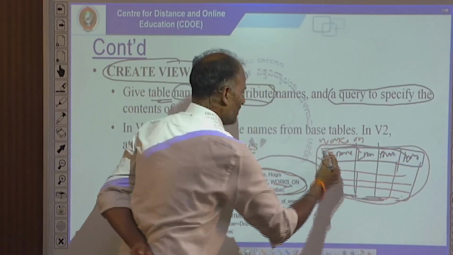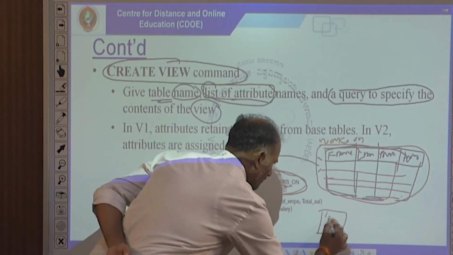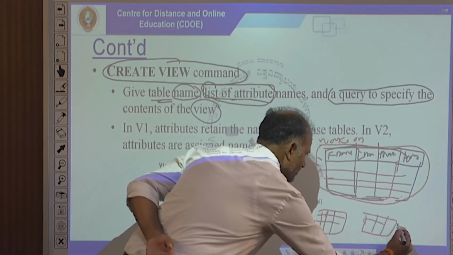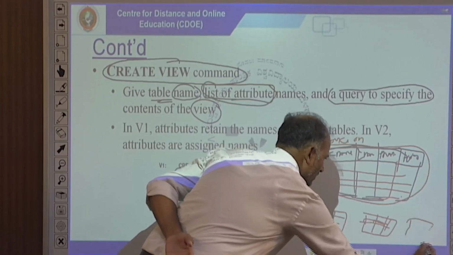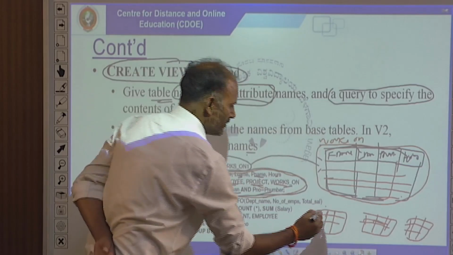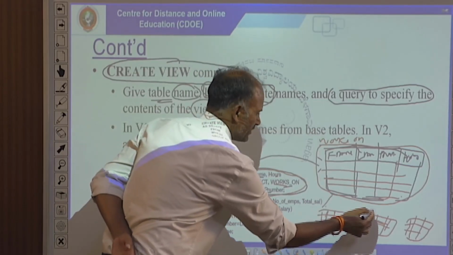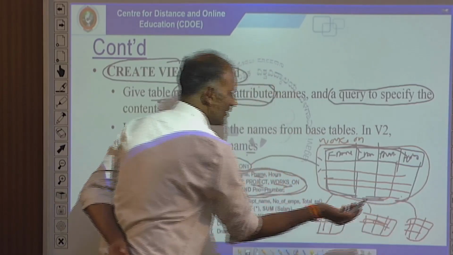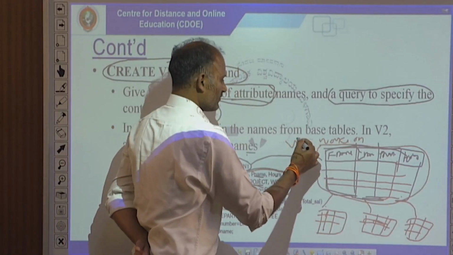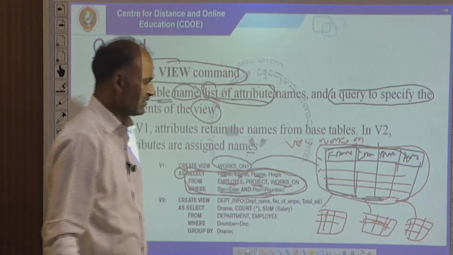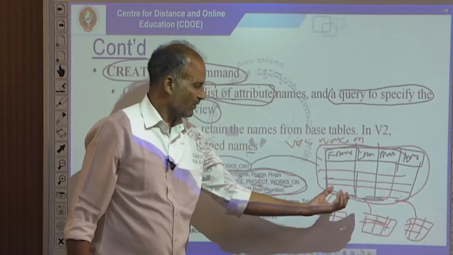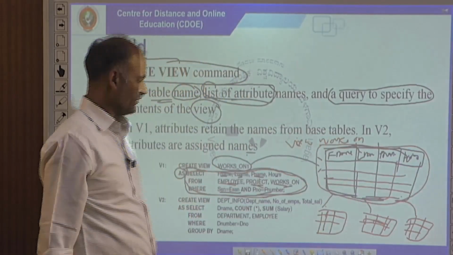This virtual table is obtained from multiple tables' relations, selecting some of the fields from this table and some of the fields from that table. So views are formed from multiple tables and can have selected field names.